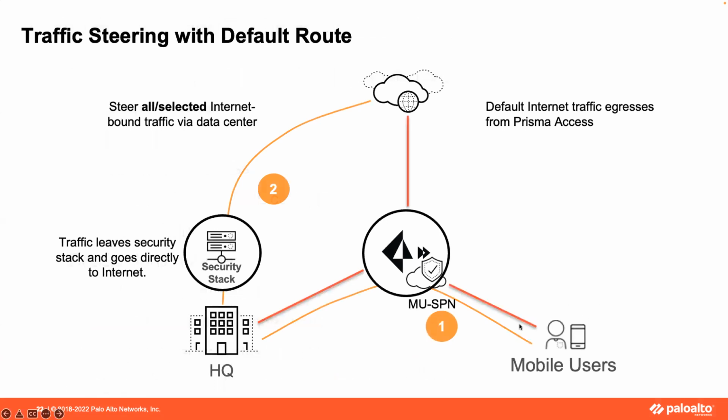So if I want my mobile users to go to headquarters down a service connection, I can define a specific service connection they use, or maybe it's regional, or maybe I have a primary and a backup. So I can define multiple ones. And then I can make sure that traffic that's going out to the internet goes down to the headquarters and out to the internet first.